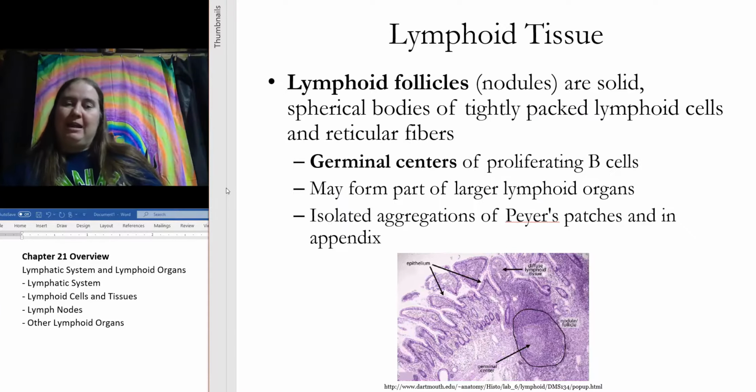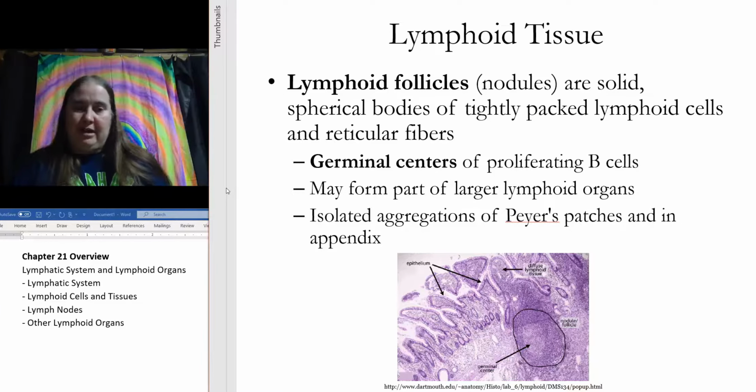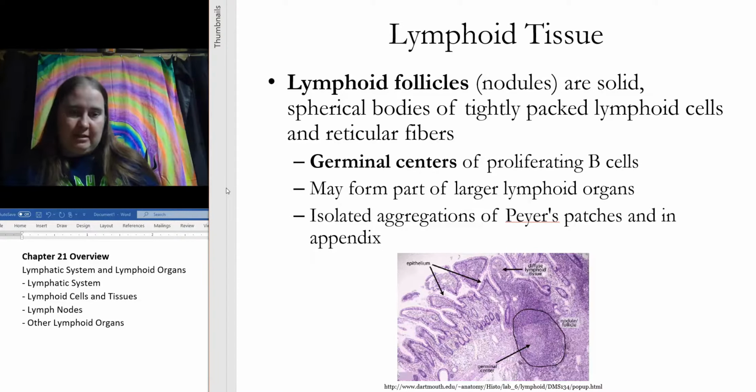Lymphoid follicles, on the other hand, have a very distinct shape. This right here is a lymphoid follicle. You can automatically see why it's a follicle: it looks nothing like this other region out here.